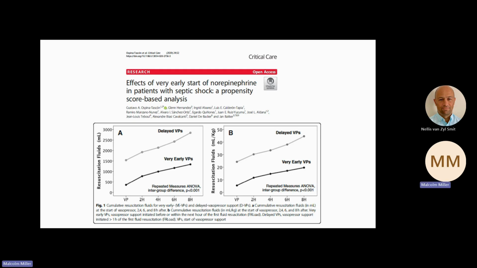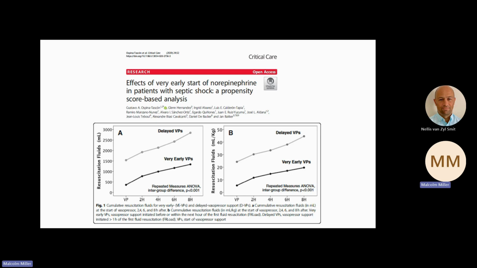But what the studies overall showed was that the amount of fluid given to patients with septic shock was much less when we started vasopressors early, because we didn't chase their venous return with more and more fluid, particularly when their fluid responsiveness was not very significant.